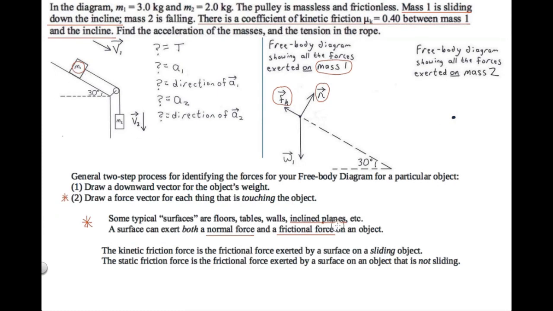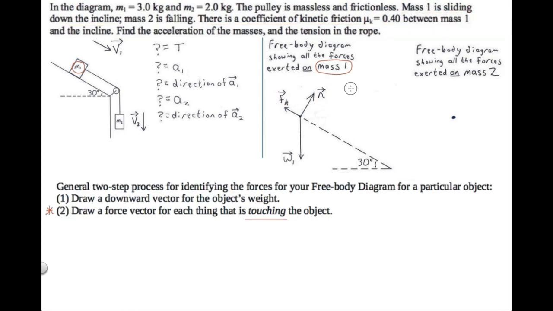An inclined plane is the type of thing we treat as a surface. A surface can exert both a normal force and a frictional force, and the problem indicates that there is friction between mass 1 and the incline. We know that kinetic friction applies for this problem because mass 1 is sliding.